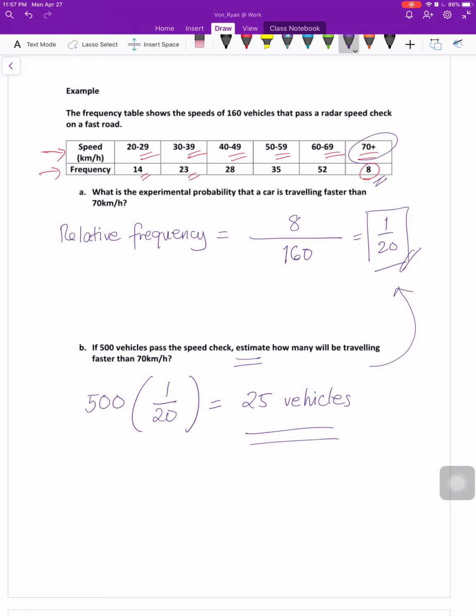And that is how they do it in polls, or in companies that try to predict what's going to happen to the market, or how people are going to react to a certain change in their product, or what products will be in demand. They look at data and try to collect as many samples as possible so that their calculated relative frequency is hopefully closer to the theoretical probability.